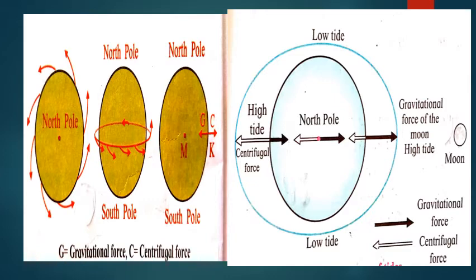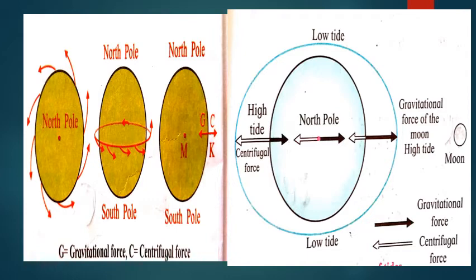So when the position of the moon is such, this particular tide occurs. A place on the earth located at the opposite position is also experiencing this. This is what I explained to you now, right? On the opposite side, again it is experiencing it.